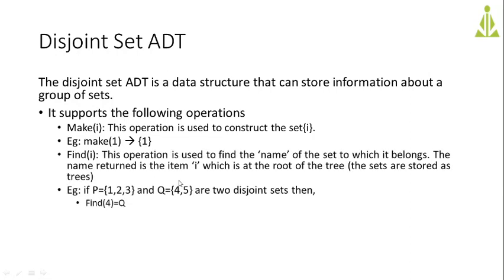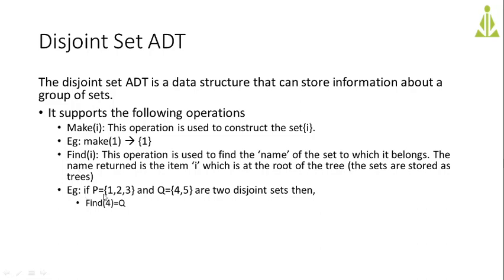Second one, find. This operation is used to find the name of the set to which an element belongs. The name returned is the item i, which is at the root of the tree. The sets are stored as trees.